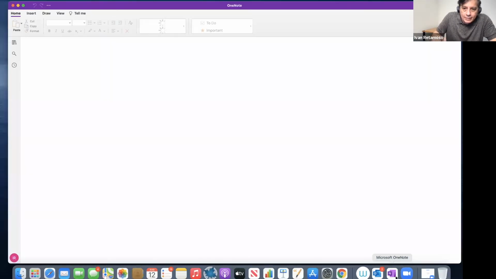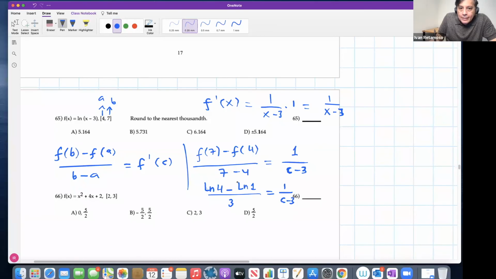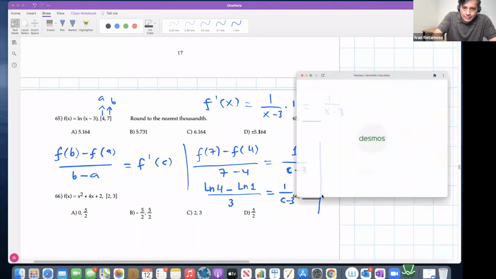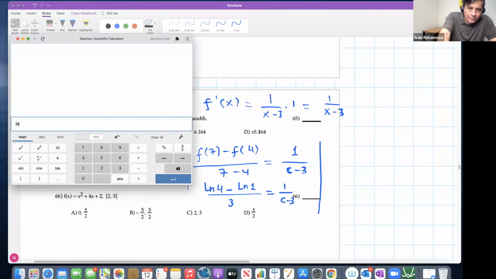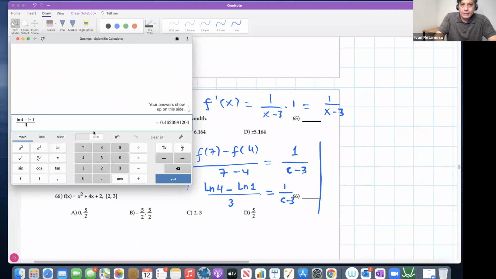Well, let's check it out. This can be computed in the calculator I showed in the lectures, right? You do natural log of 4, ln 4 minus ln 1. Professor, ln 1 is 0. I know, guys, but in case the argument is not 1, you may have to do this, right? Let's try to do it in the most general way. Divide by 3 gives you this number, 0.462.